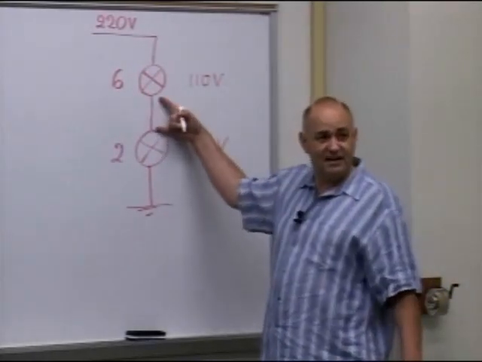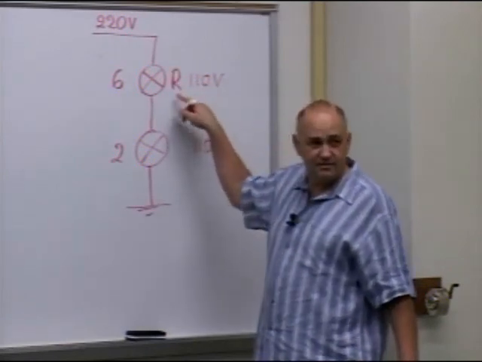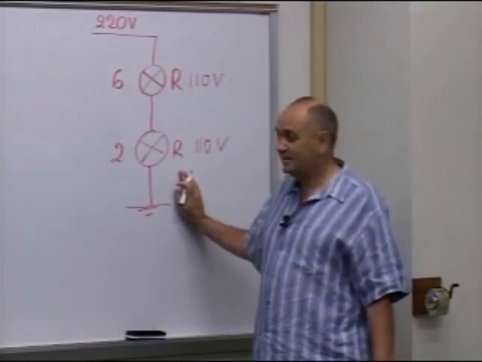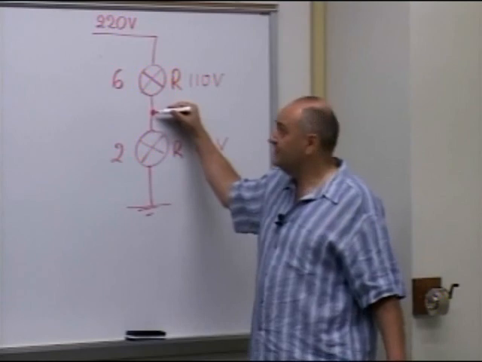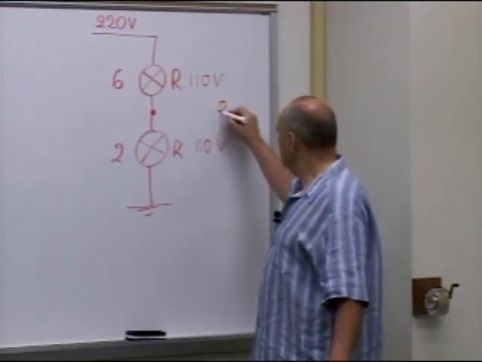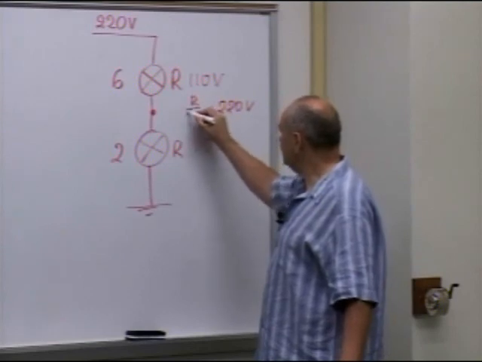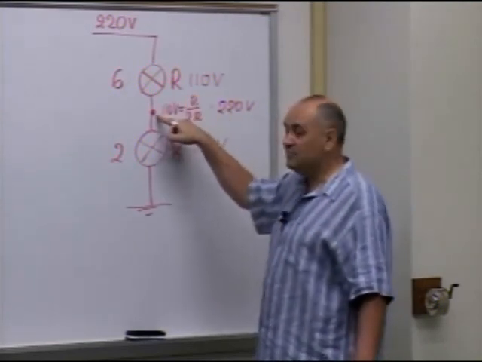But if I take two identical light bulbs, so if resistance of this light bulb is R, resistance of this light bulb is R as well. So potential at this point is going to be 220 volts multiplied by R divided by 2R, which means 110 volts.